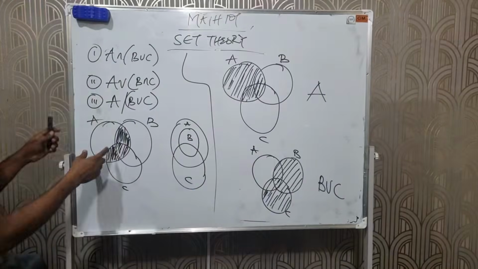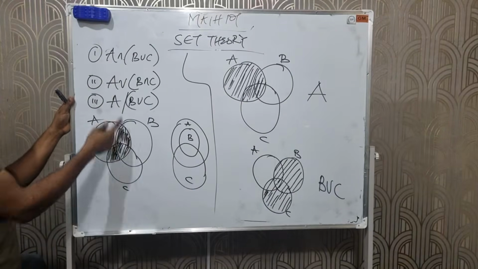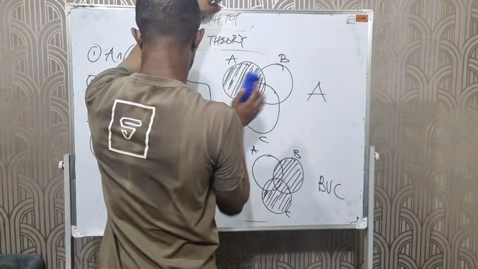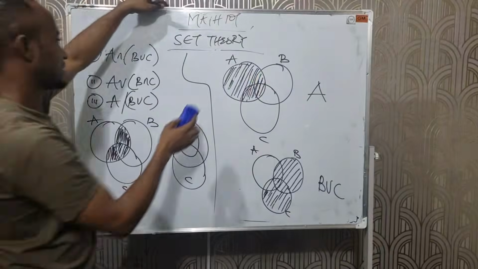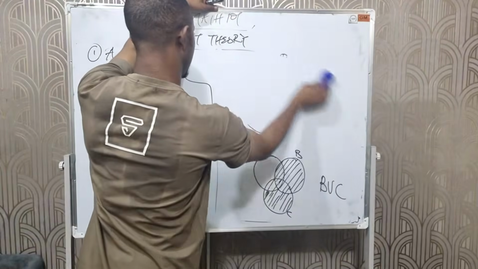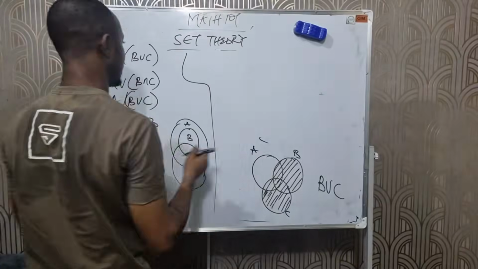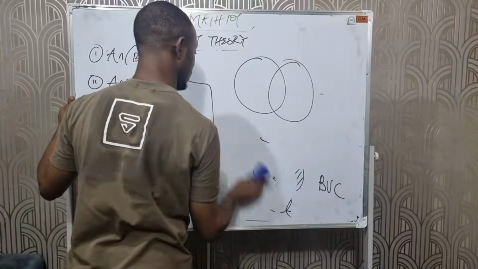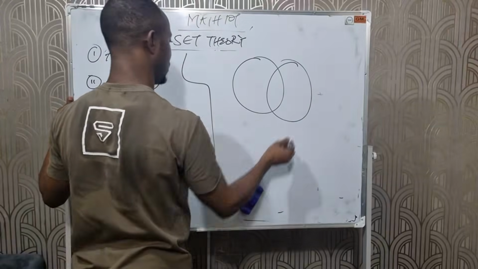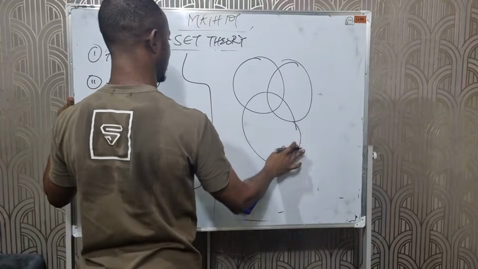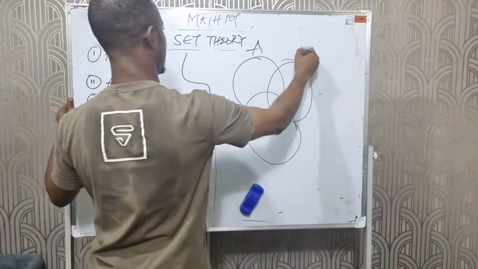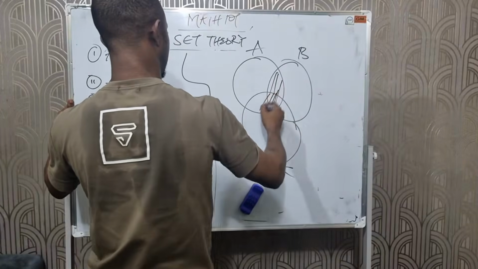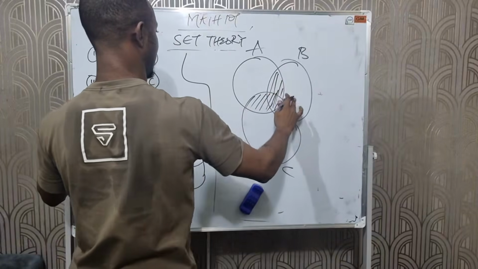So this represents A intersection B union C. So the result of the first one, please look at it very well, is simply what is common in A and B union C, which is this region and this region. So this is my result here.